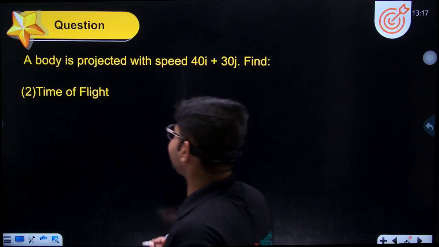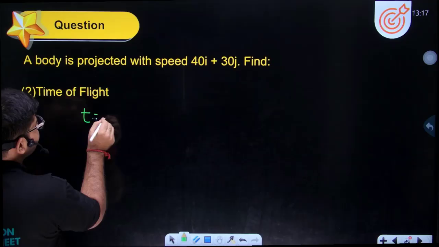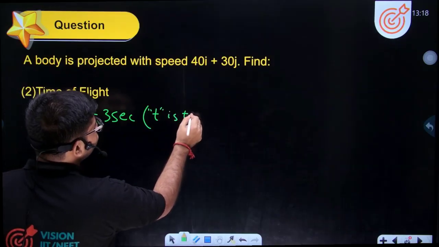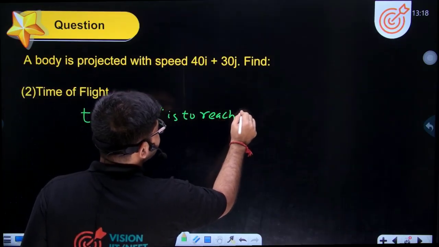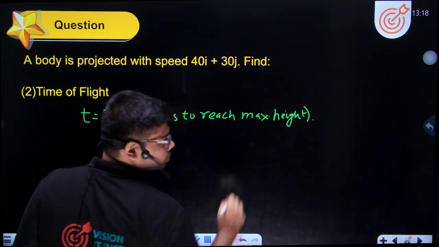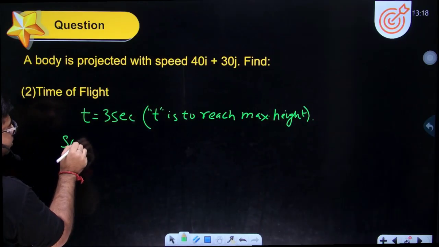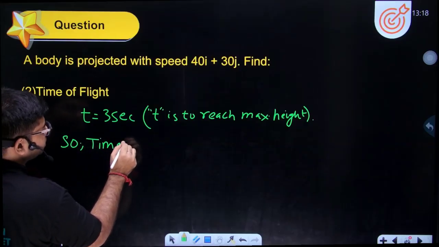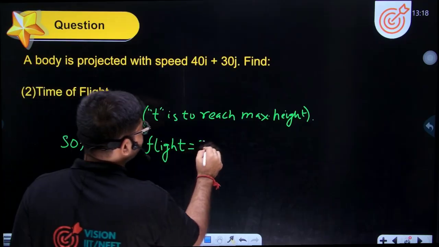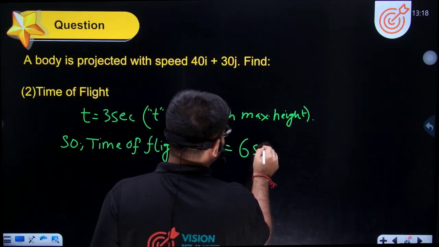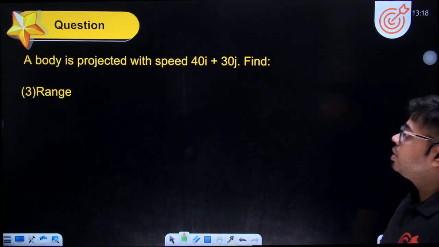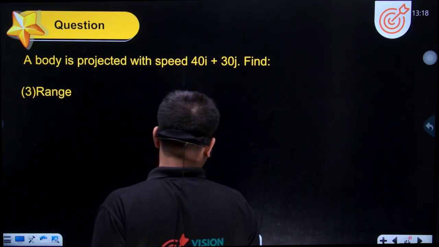So time of flight is 2t, which is equal to 6 seconds, very simple. Now find out the range.